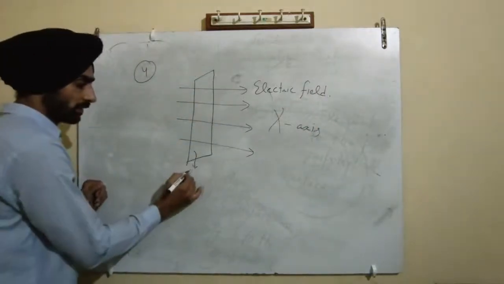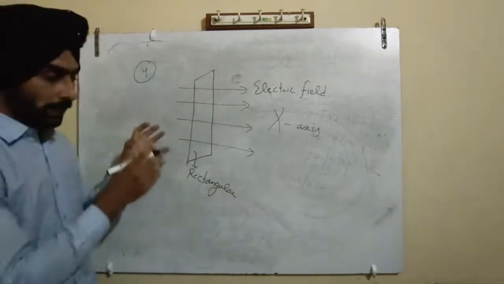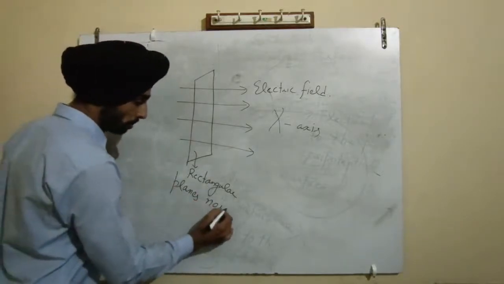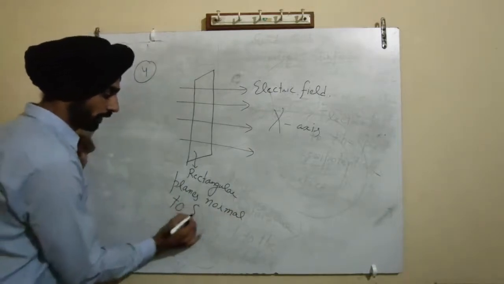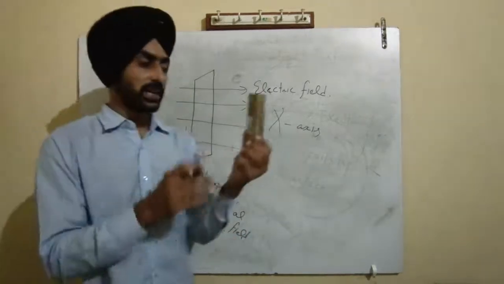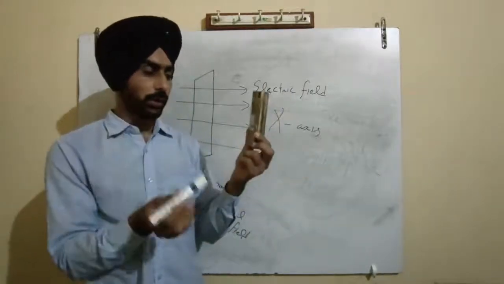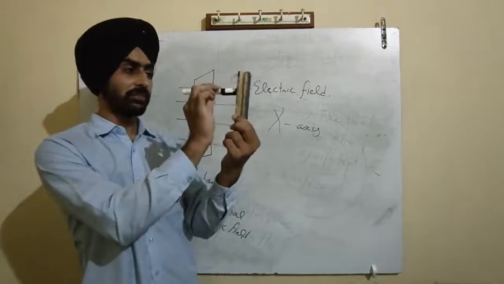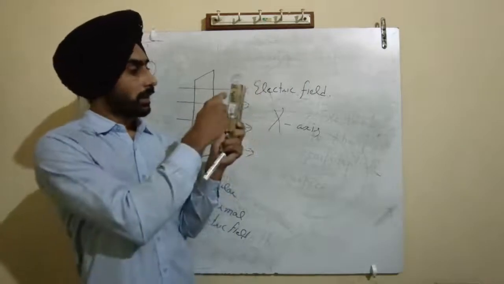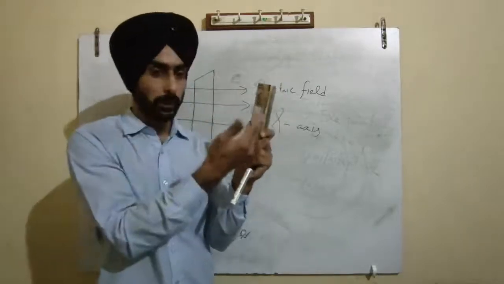The shape of this plane will be like this duster, and this marker is an electric field. So the electric field is passing through this plane. Each point of this plane has the same potential. That's why it is acting as an equipotential surface.